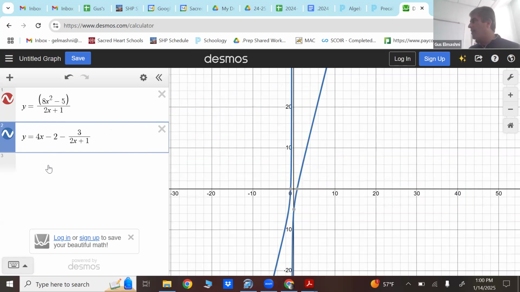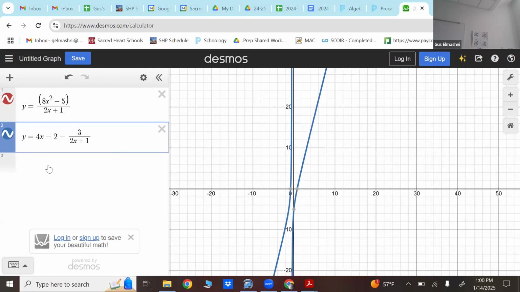Now, why does this matter? Why do I care? Let me write this. It comes back to end behavior. We're going to talk about rational functions later in this unit. Look at the ends of the graph. Look at that far right and that far left. Doesn't that look pretty linear? In fact, 4x minus 2 is pretty darn close to that portion of the graph.